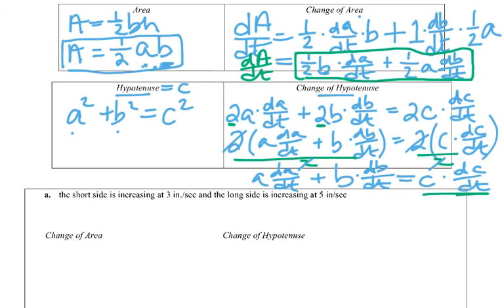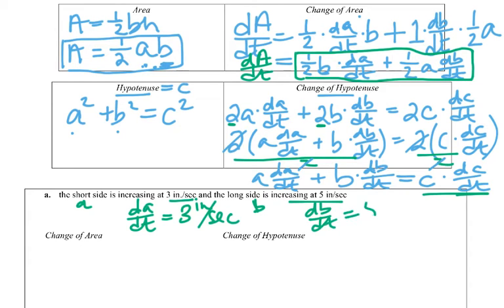Okay, so in 3A it says the short side of the triangle, that's A, is increasing at 3 inches a second. That means dA over dt is 3 inches a second. And the long side, B, is increasing at 5 inches a second. So dB dt equals 5 inches a second.